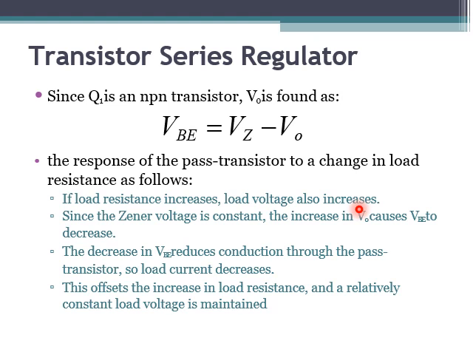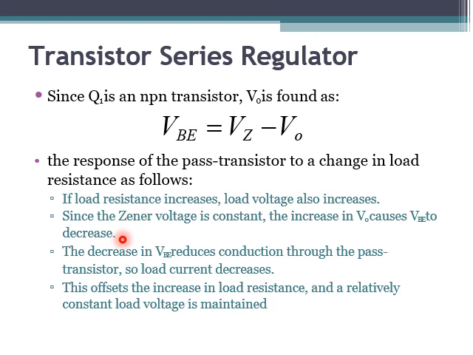Voltage and resistance are in proportion. Since the Zener voltage is constant, as I told you, it will always maintain the constant voltage. The increase in V naught, if there is any change in the output voltage, causes VBE to decrease, the base and emitter voltage to decrease, because your base is connected to what?